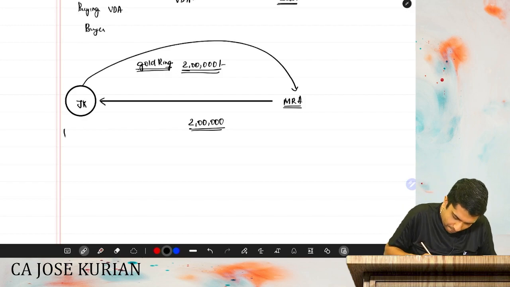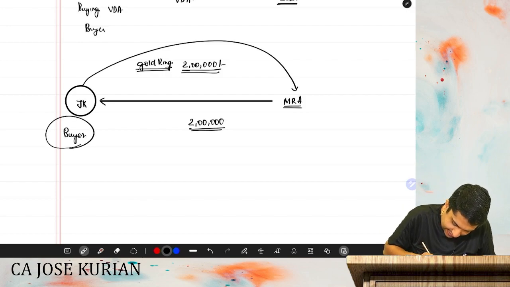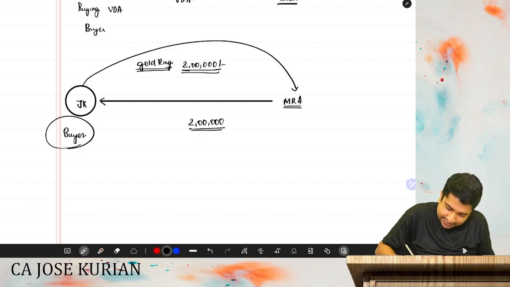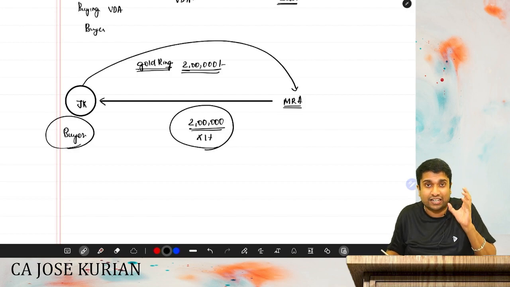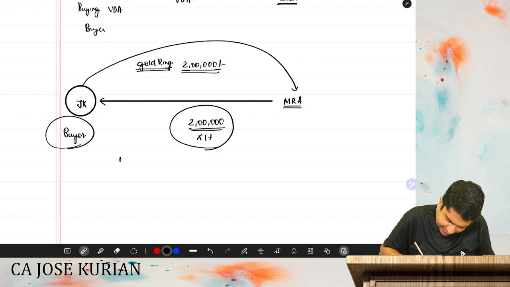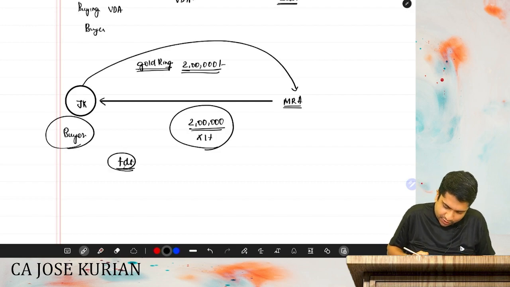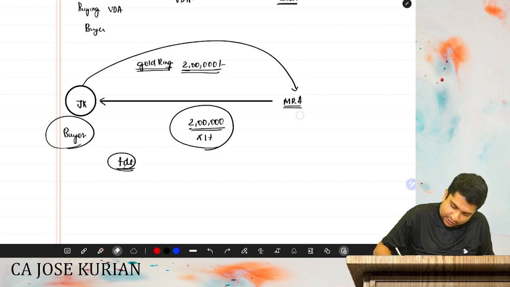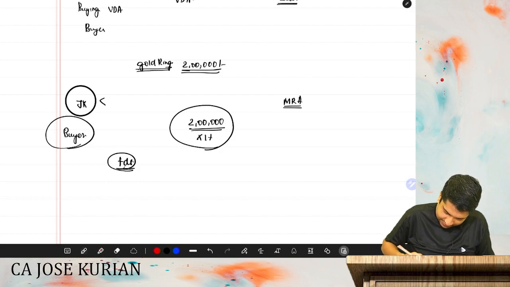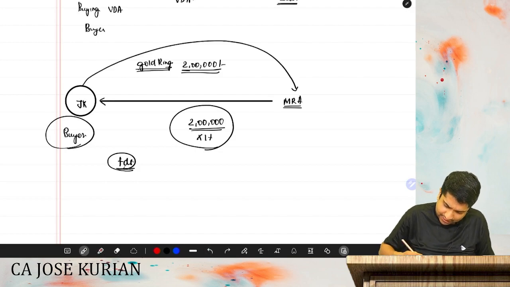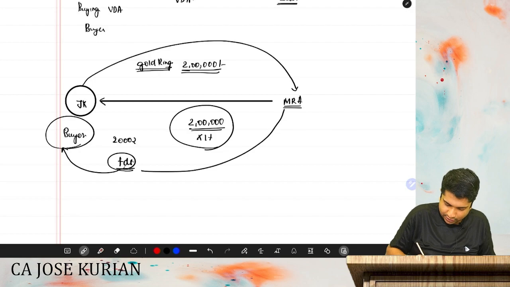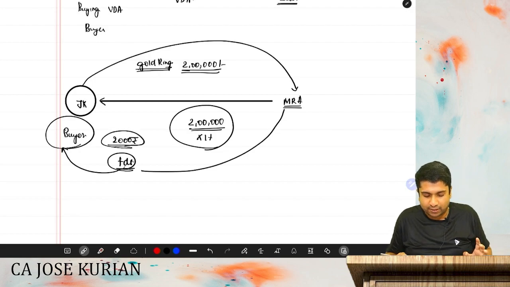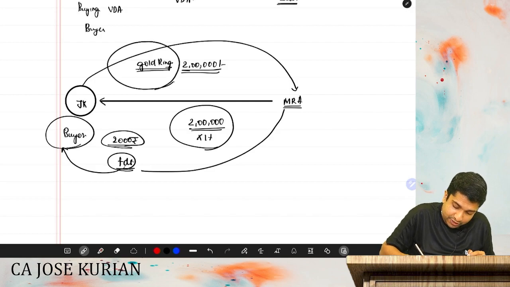In such a scenario, being the buyer of virtual digital assets, I have to make sure that I have collected 1% on this 2 lakh, that means the fair market value of the consideration, as TDS from Mr. A. So I have to mandatorily collect this 1% of 2 lakh from Mr. A. Then only am I supposed to release the consideration, that means the gold ring.